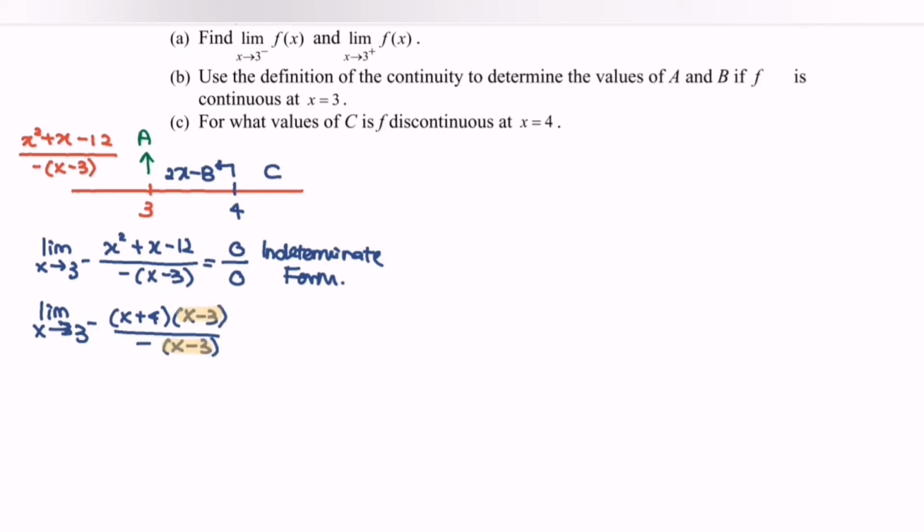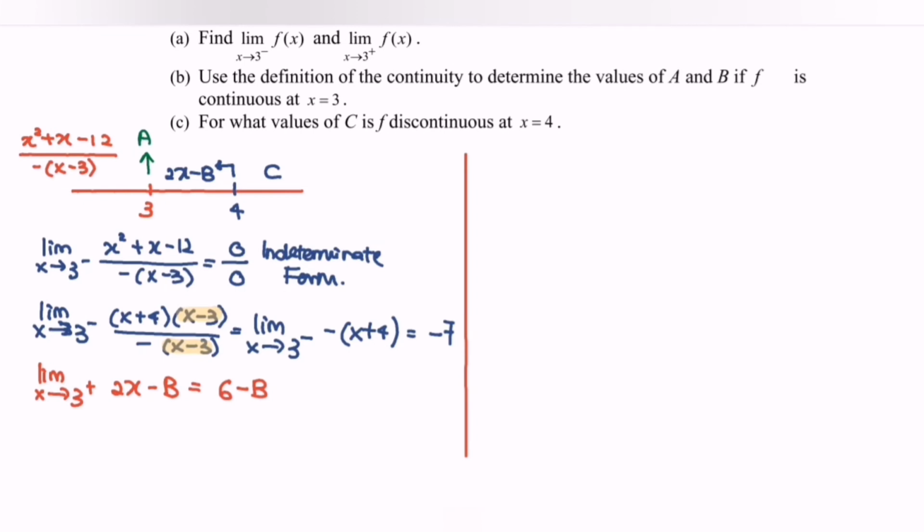We will have the limit when x approaches 3 from the left equal to negative (x plus 4), so we will have negative 7. For the limit when x approaches 3 from the right, the function would be 2x minus b, so the answer would be 6 minus b.